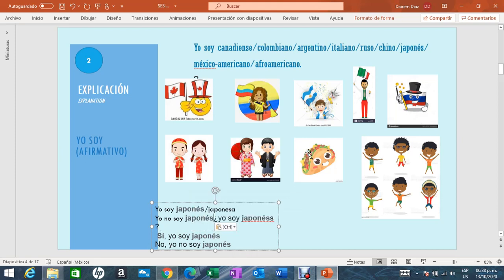Next one. We have Mexicano Americano, Mexican American. I was looking for an image for a Mexican American guy, but I really didn't find any that I like, because there are all kinds of people who are originally from, or whose parents or family are originally from Mexico and were born in the United States.